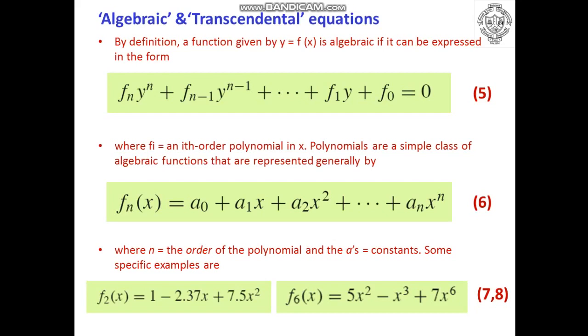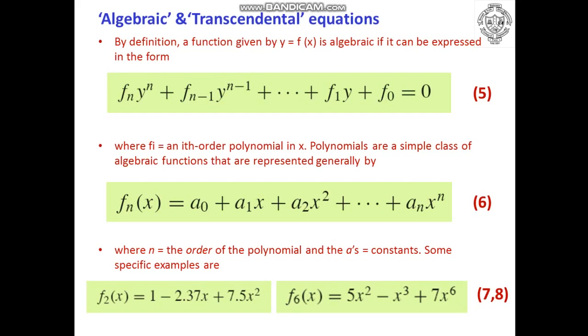Polynomials are a simple class of algebraic functions that are represented in general form as fn of x is equal to a0 plus a1x plus a2x square, and so on, and finally we write it in generalized form as an into x raised to n, where n is the order of the polynomial and all a's are constants.